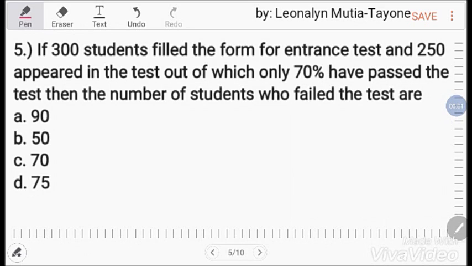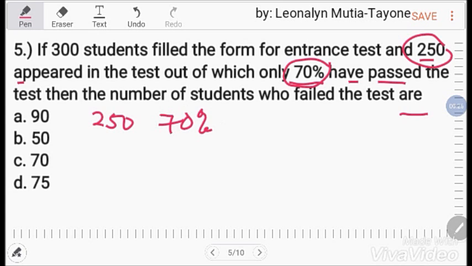Number 5. If 300 students filled the form for entrance test and 250 appeared in the test, out of which only 70% have passed the test, then the number of students who failed the test are? 70% have passed. Those who took the test, 250 ang nag-take ng test. Out of 250, 70% ang pasado.